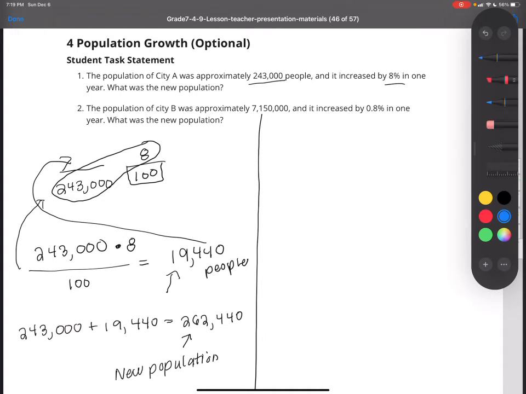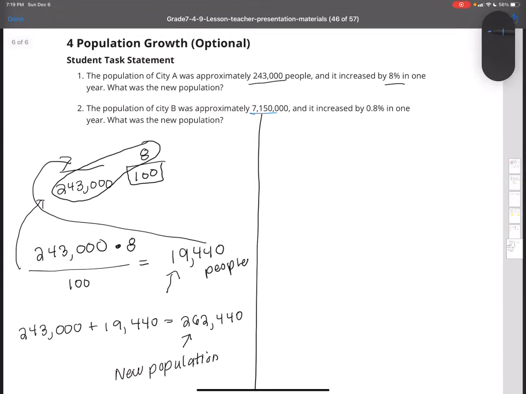All right, so the next one is 7 million, an increase by 0.8%. So if these numbers were the same, we could have did the 8% trick. So we can't do that with this one because the wholes are different. So we got 7,150,000.